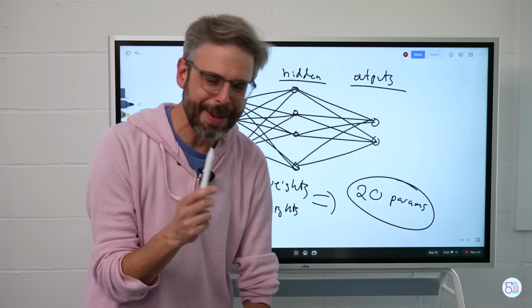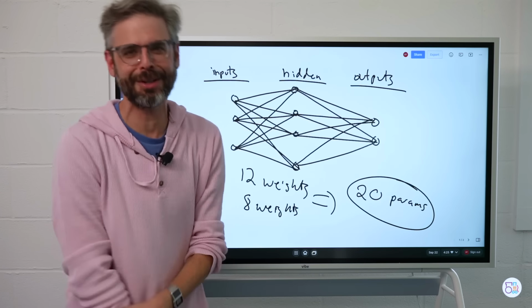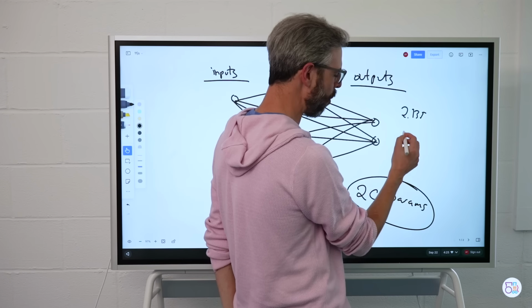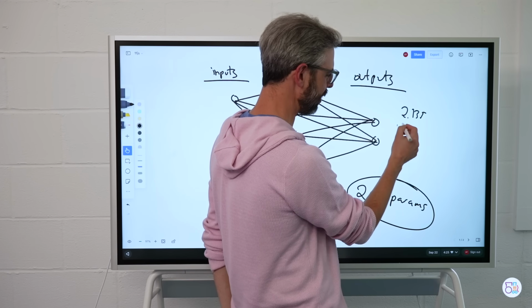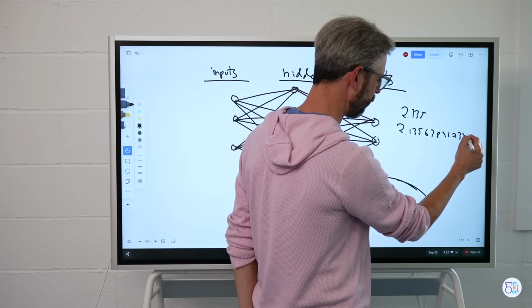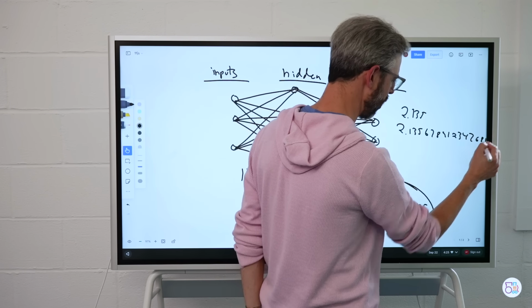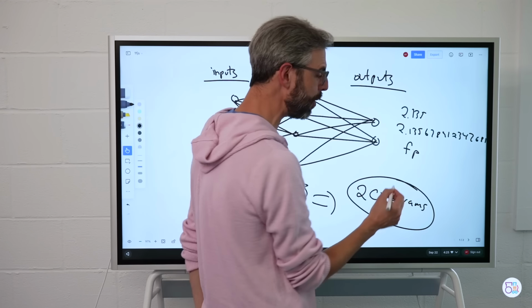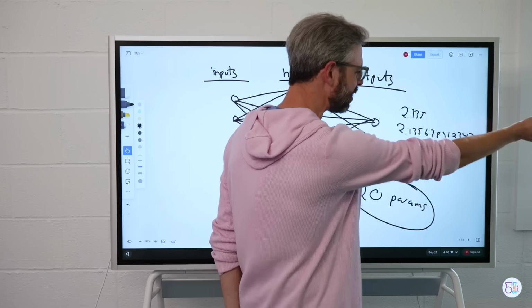The thing that you often don't think about is, what is the precision level of those numbers? Are they just like 2.135? Or is it 2.135 followed by many more decimal places? How precise do they need to be? Are they floating point numbers with 32 bits of detail?